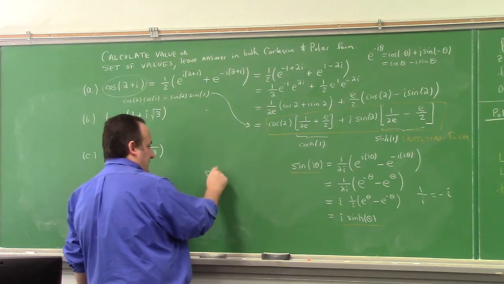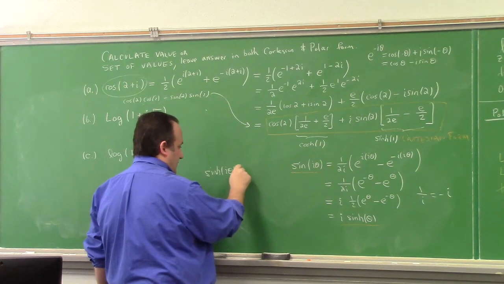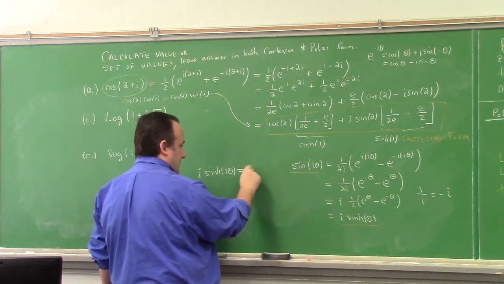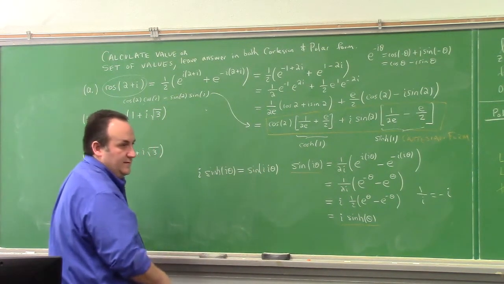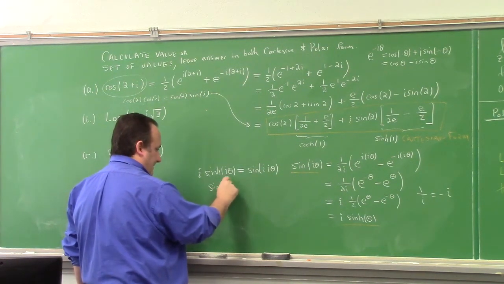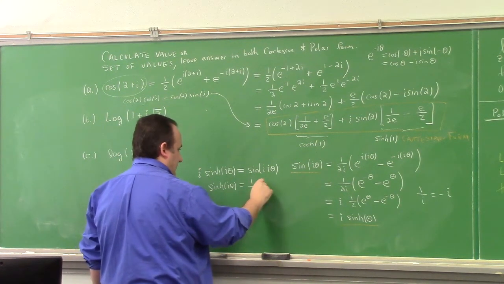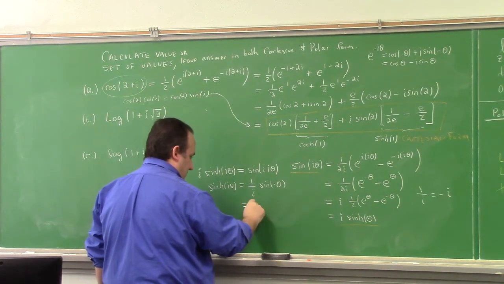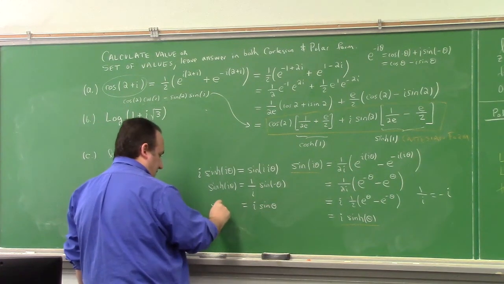So we know that I sinh of theta is sine of I theta by that, which means that sinh of I theta is 1 over I times the sine of minus theta, which of course is I times sine of theta. So there you go, sinh of I theta.